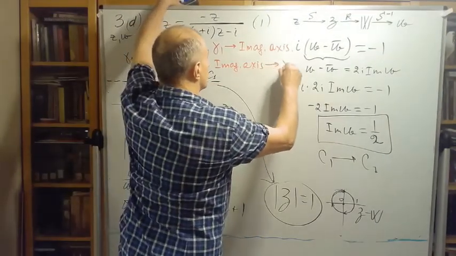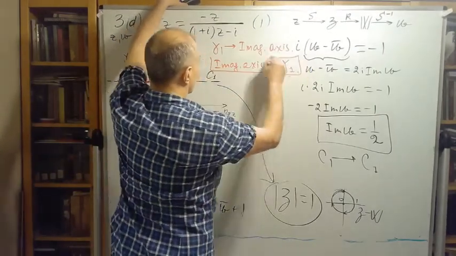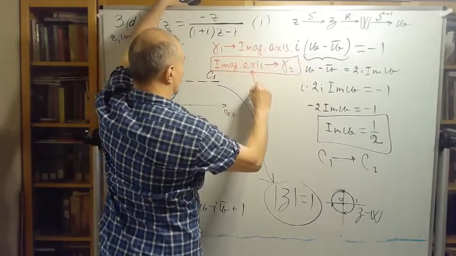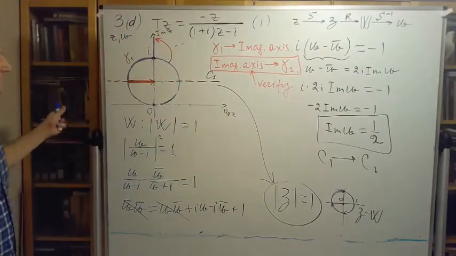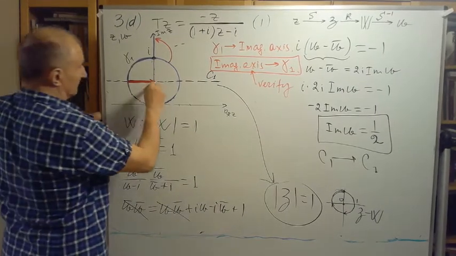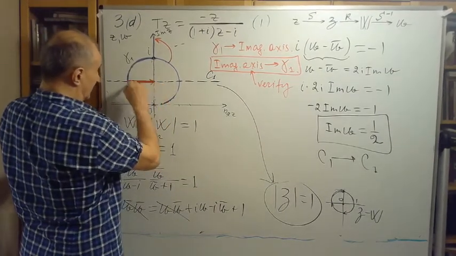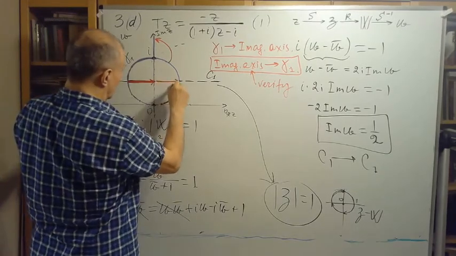Also goes into gamma 1. And we did not calculate this, but you can verify on your own. It's a good exercise. And therefore, this move happened, and the imaginary axis, where does it go? It goes here.